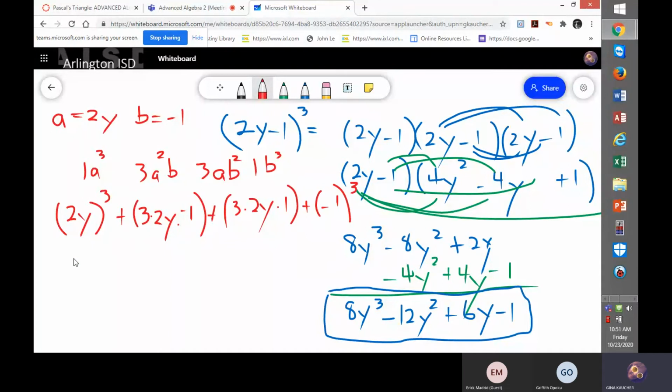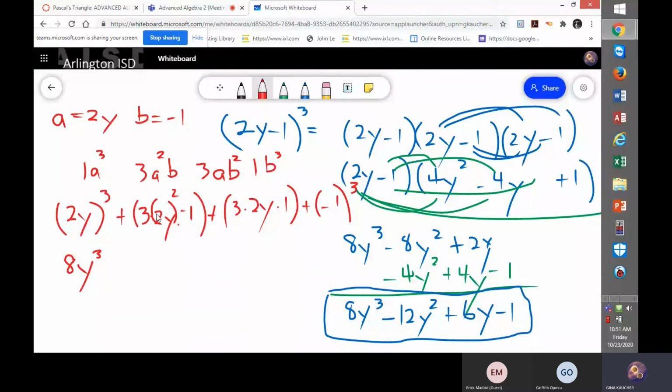Okay, so that's 2 cubed is 8, y cubed is y cubed. Notice that's the same thing. Here we have -1 times 3 times 2, that's -6y. No, wait. We were supposed to square the a. I forgot to square it, didn't I? Yeah.